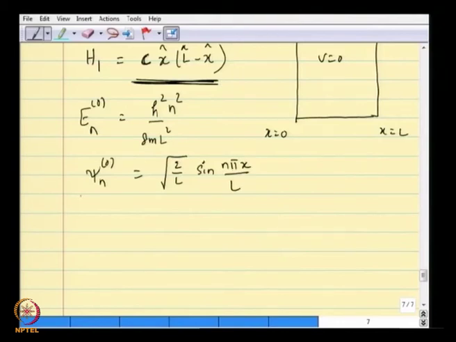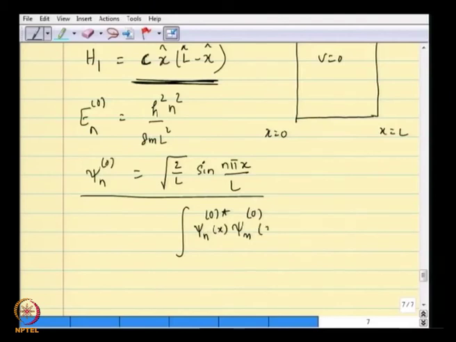Okay, so this is the zeroth order wave function, and we also know that this integral of psi n 0 star psi m 0, where the degree of freedom is the particle position, dx between 0 and L, is delta nm.